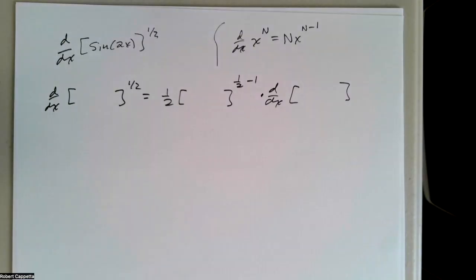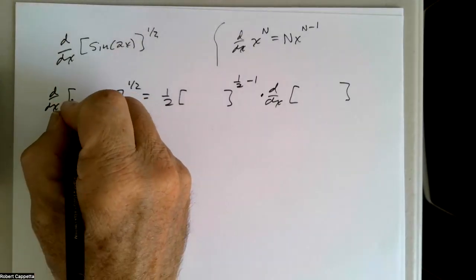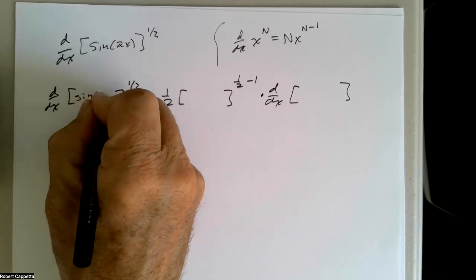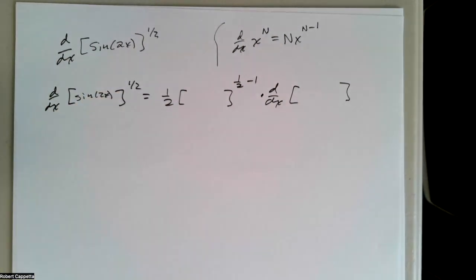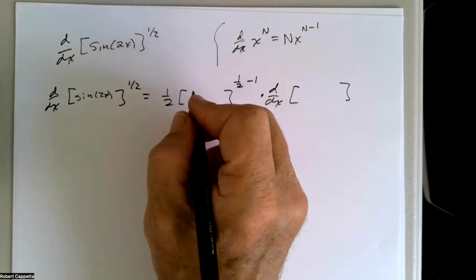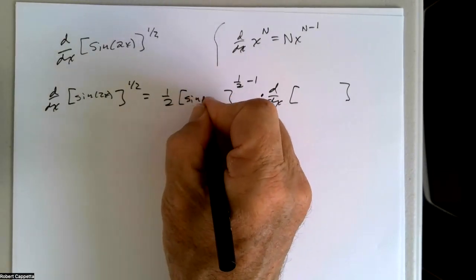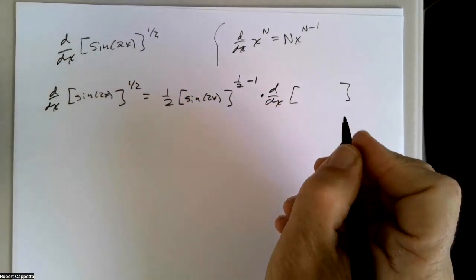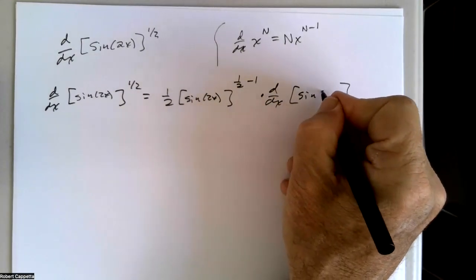Now, what is the something here? The something here is sine of 2x. We're going to get 1/2 sine of 2x to the 1/2 minus 1 times the derivative of the sine of 2x.